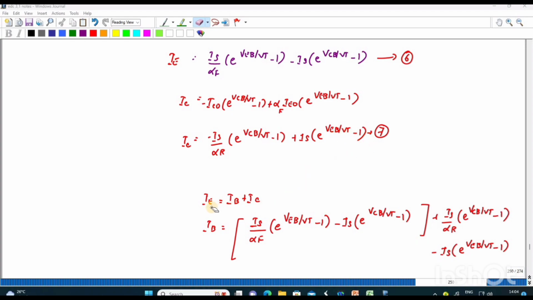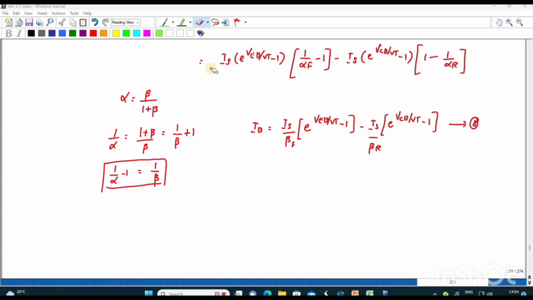So we know that IE is equal to IB plus IC. To get the IB value, you have to subtract IC from IE. So you substitute these two equations here, and you will get IS into e power VEB by VT minus 1 into (1 divided by alpha F minus 1), minus IS into e power VCB by VT minus 1 into (1 minus 1 divided by alpha R).